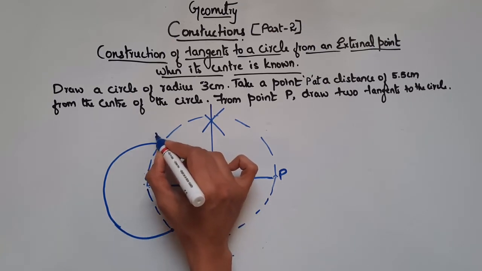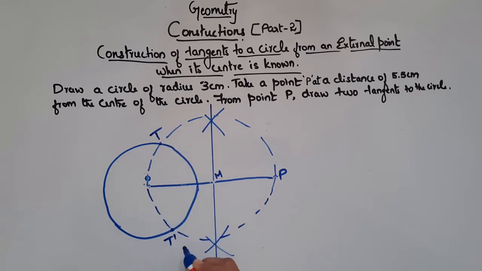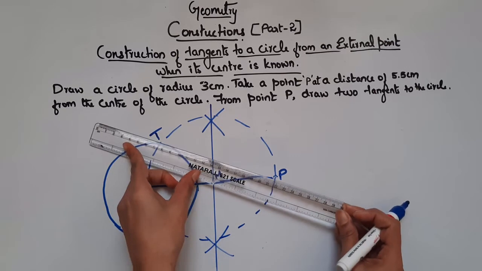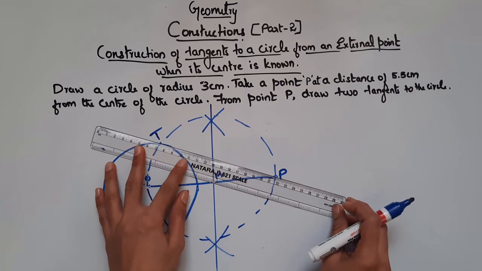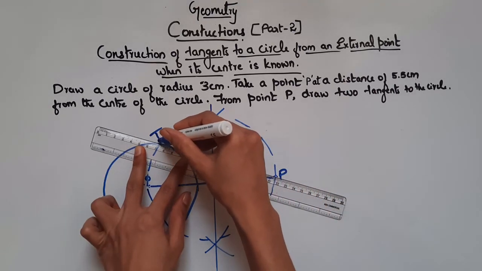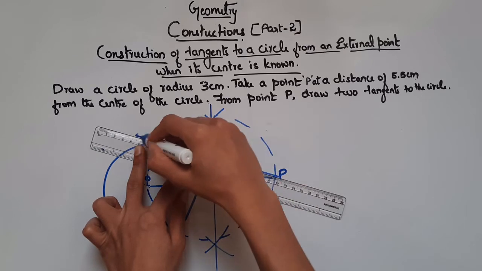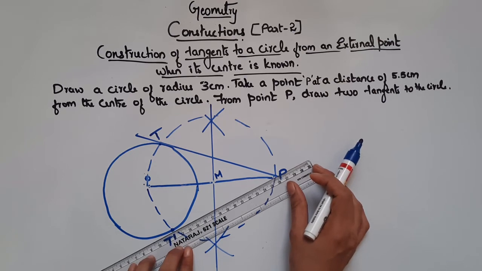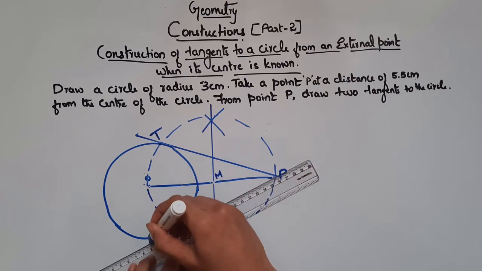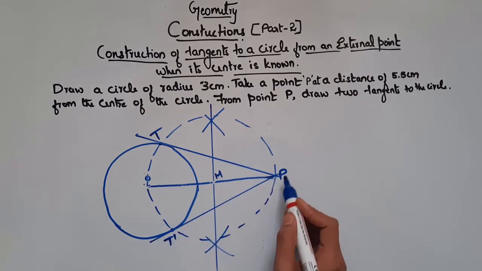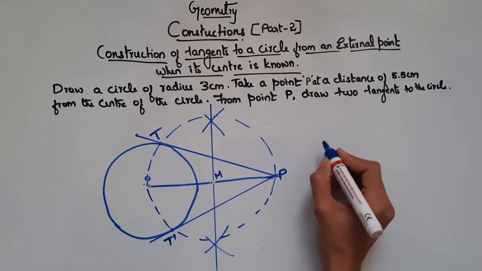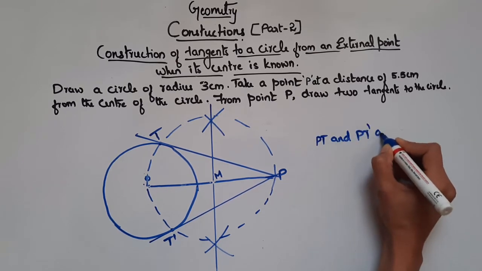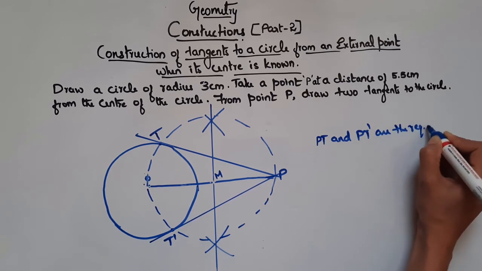So we will take this point as T and this as T dash. Now you will join PT and PT dash. So PT and PT dash are the required tangents.